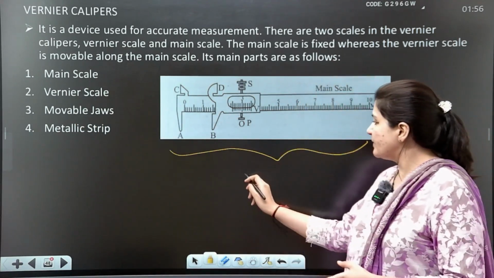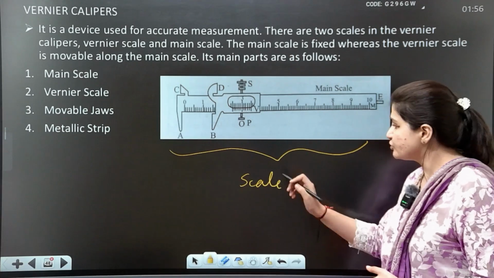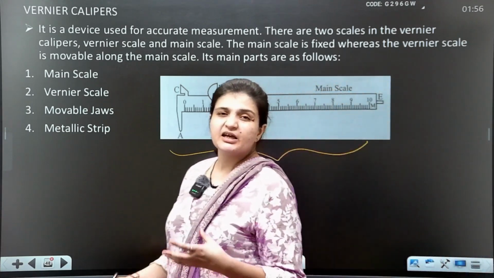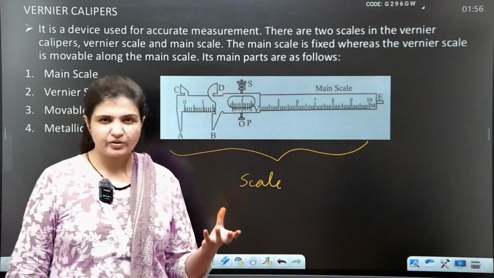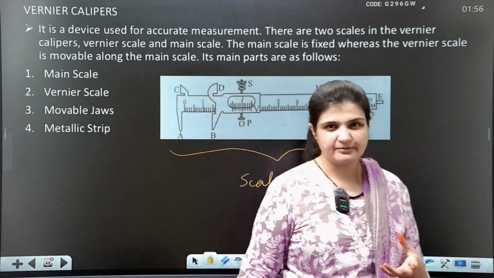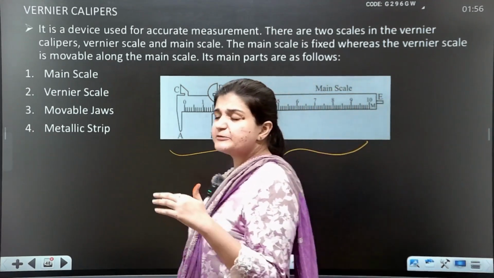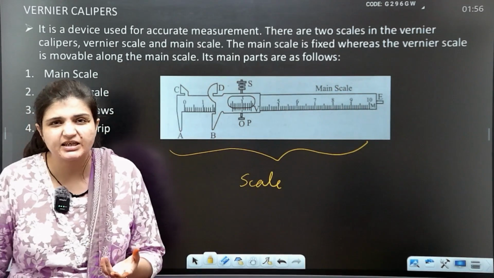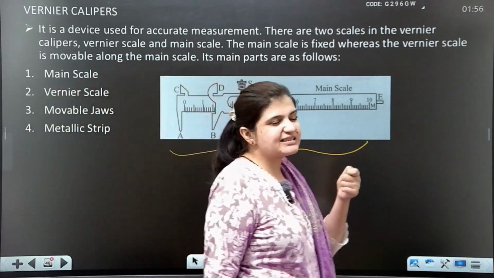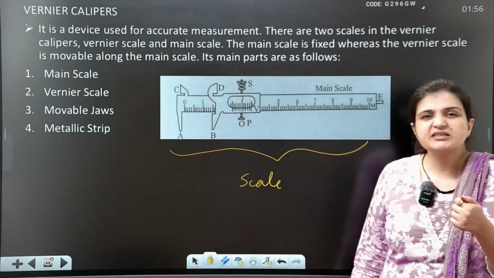The vernier caliper appears to be like a scale. But how is it different from a scale?